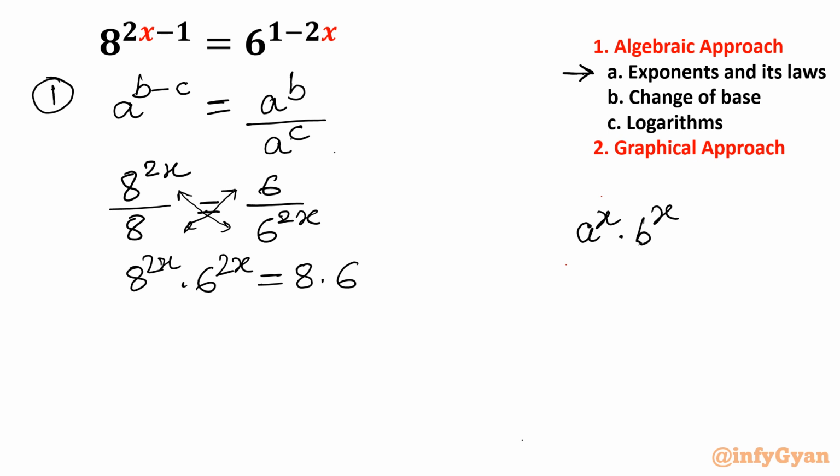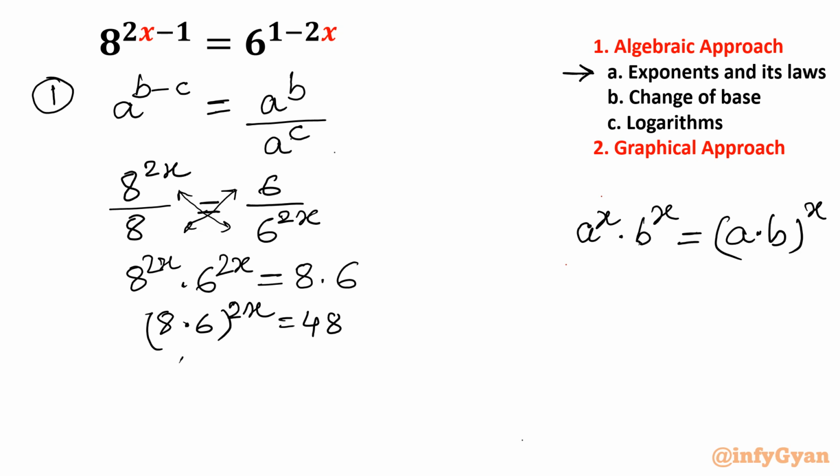Bases are different but the exponent is the same. Then we will take the base product with the same exponent. That means (8 times 6) whole power 2x is equal to 48. So 48 power 2x equal to 48.